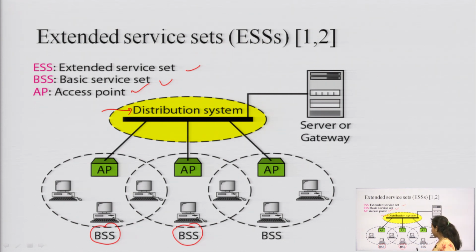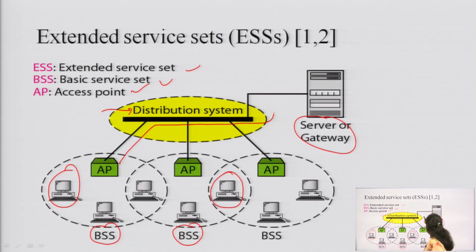From this point it is BSS, it is connected through a distribution system, and then it is connected through a server or a gateway. Whatever transmission is possible, let us say this computer in this BSS wants to transmit to this computer in another BSS, then it has to be done through this access point, that is the server, and then it is transmitted to this point.